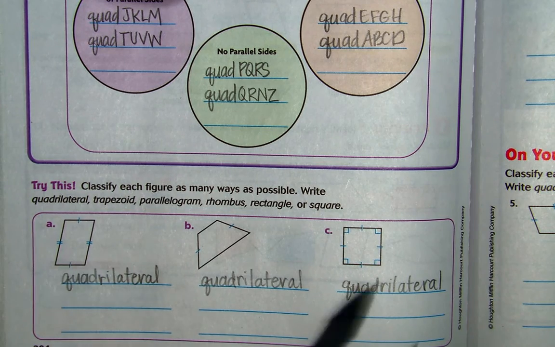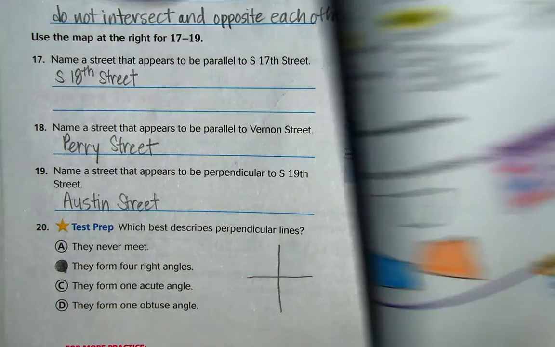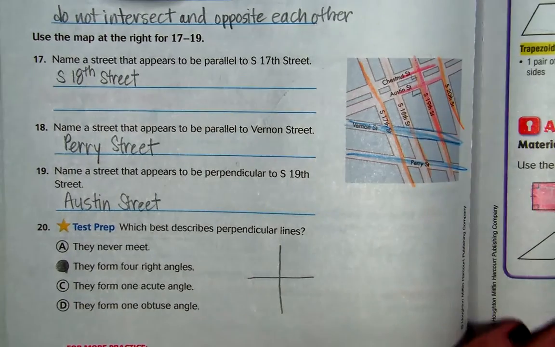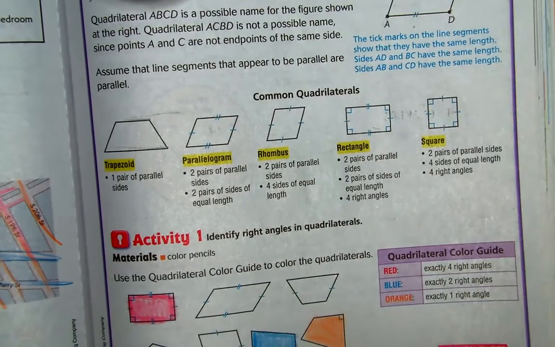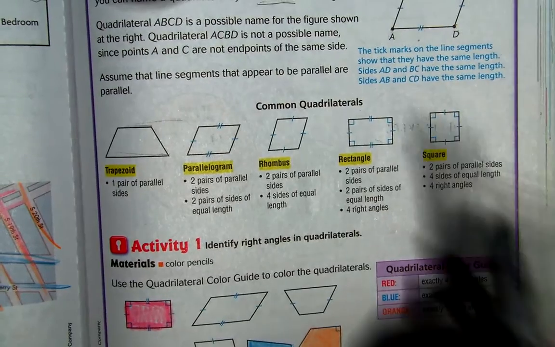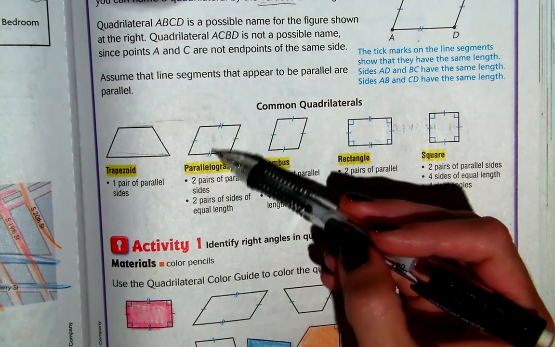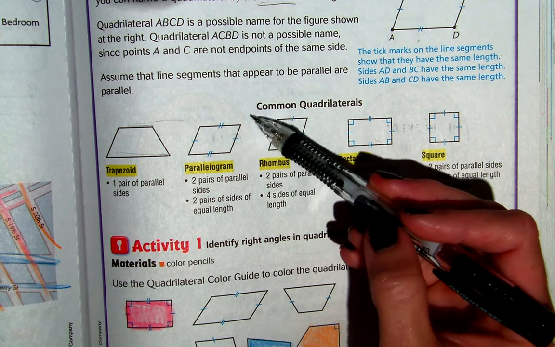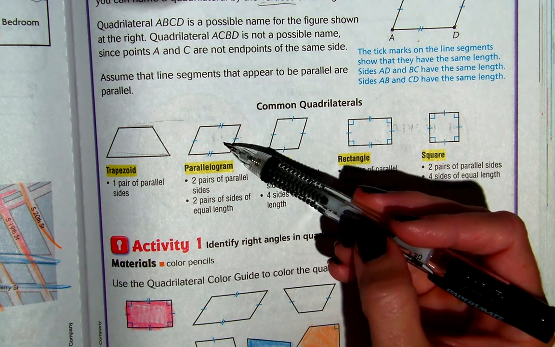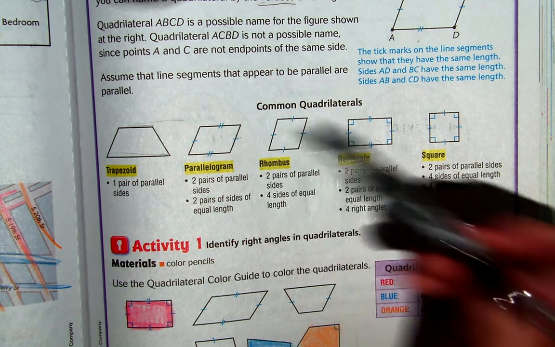And if we go back and look at our definitions of our common quadrilaterals, we can see that a parallelogram has 2 pairs of parallel lines and 2 pairs of sides with equal length.